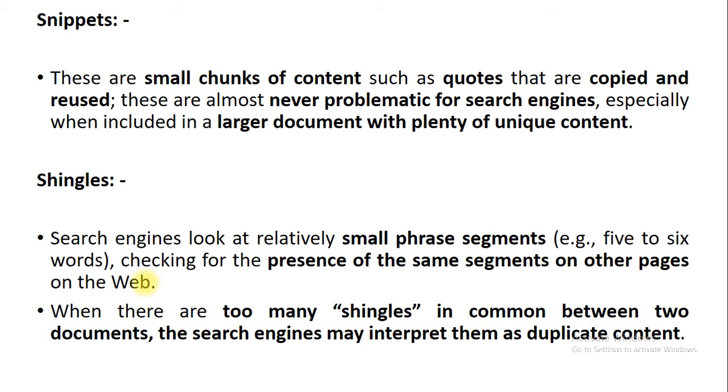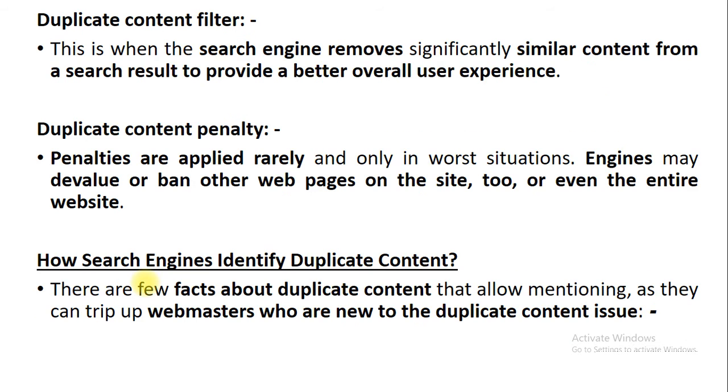Next is called singles. A single is nothing but creating one phrase using 5 to 6 words, and checking whether the same phrase is available on other websites or not, right? So if too many singles are found, in such cases that content is considered duplicate content, and it can be interpreted as such by the search engine.